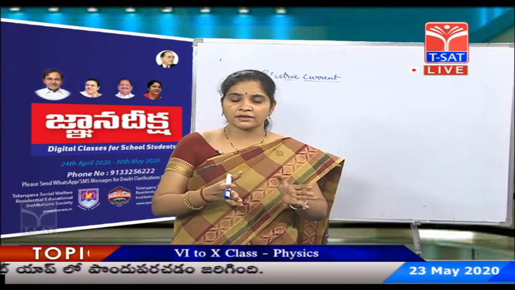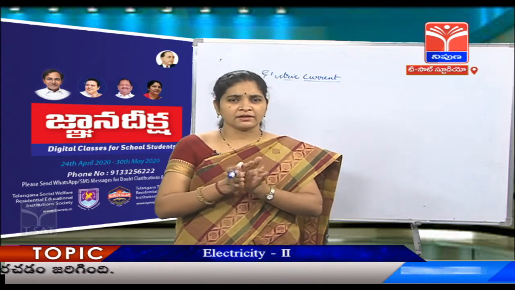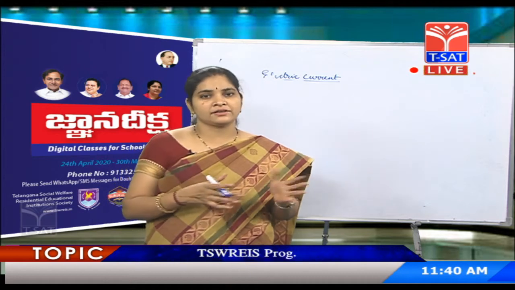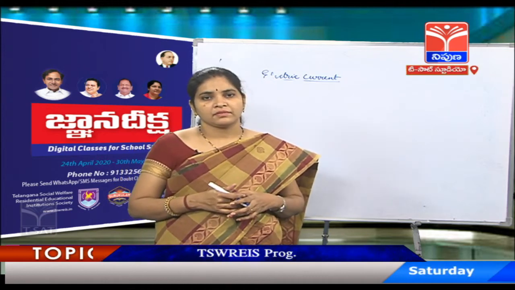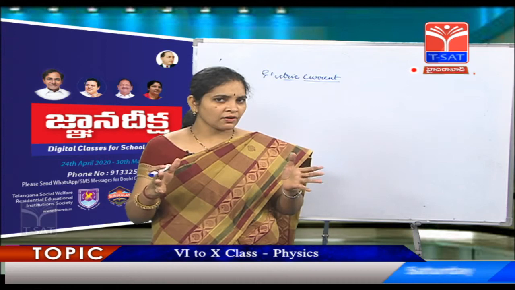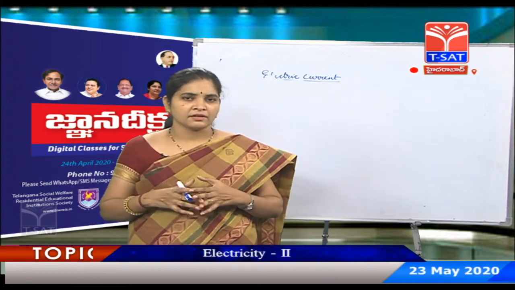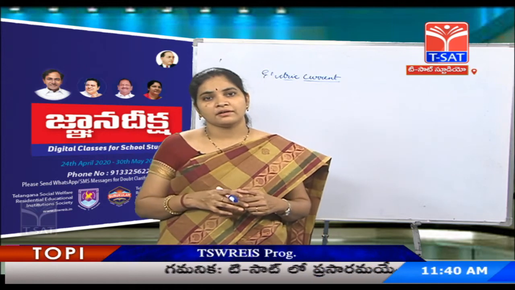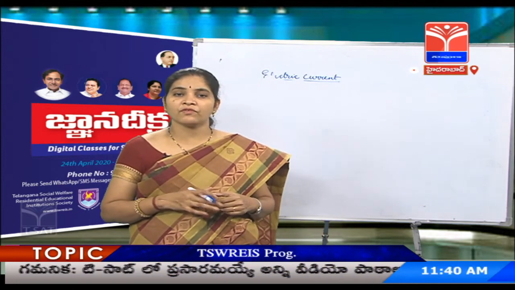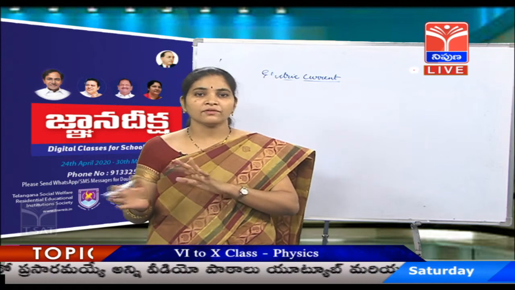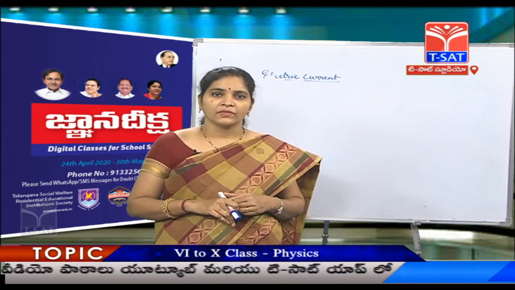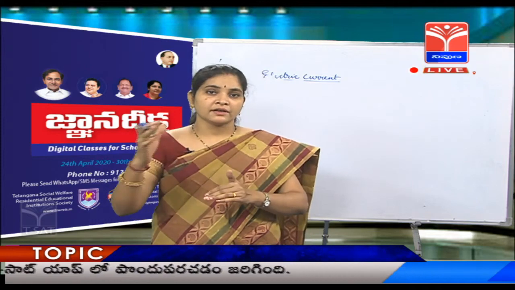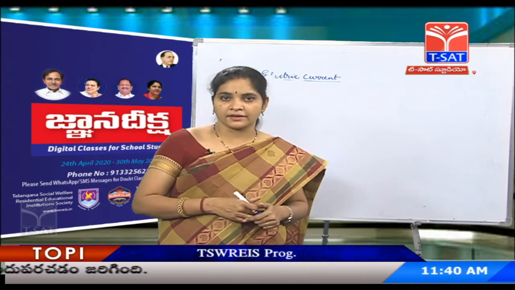During collision, a part of energy is converted into heat energy. As we all know, the law of conservation of energy: energy is neither created nor destroyed. It can be changed from one form to another form. So, during collision, a part of the energy is converted into heat energy.